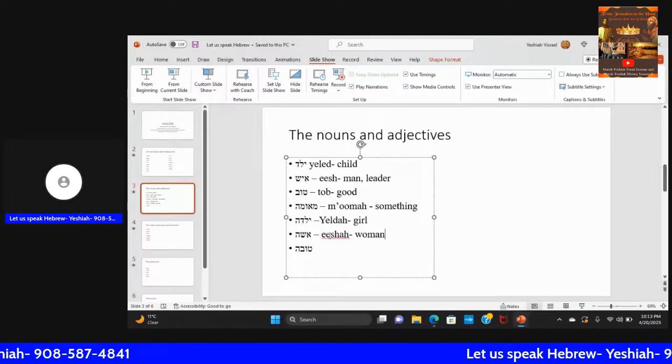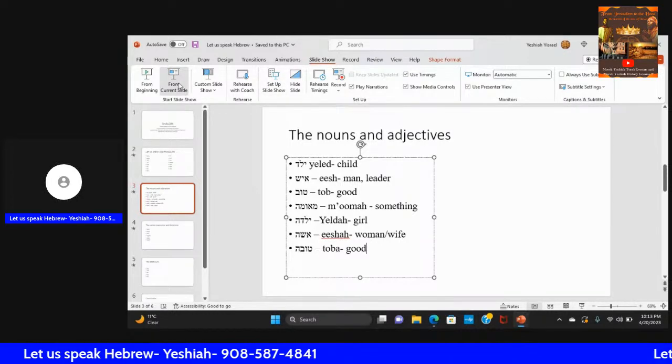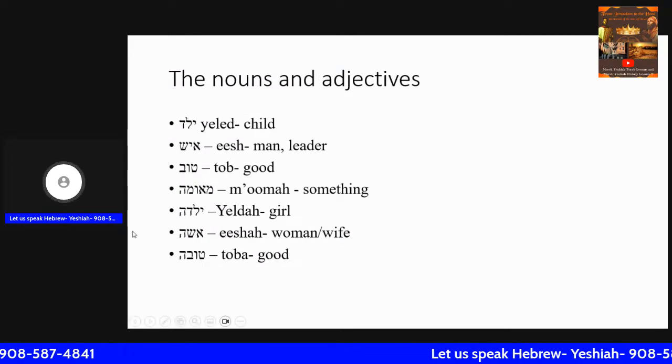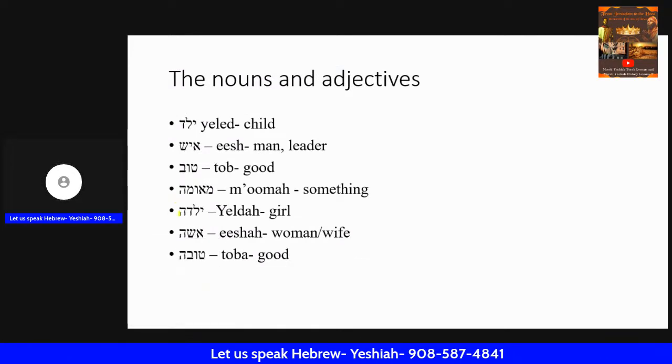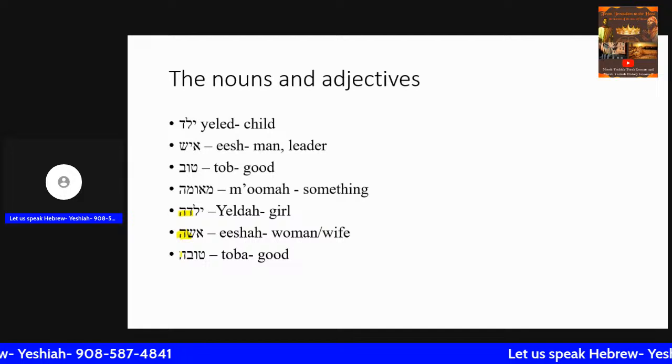And here we have the word toba, which means good. Now, brothers and sisters, going back here to the current slide, what you're seeing here, and we want to highlight this: Yalda, Isha, Toba.